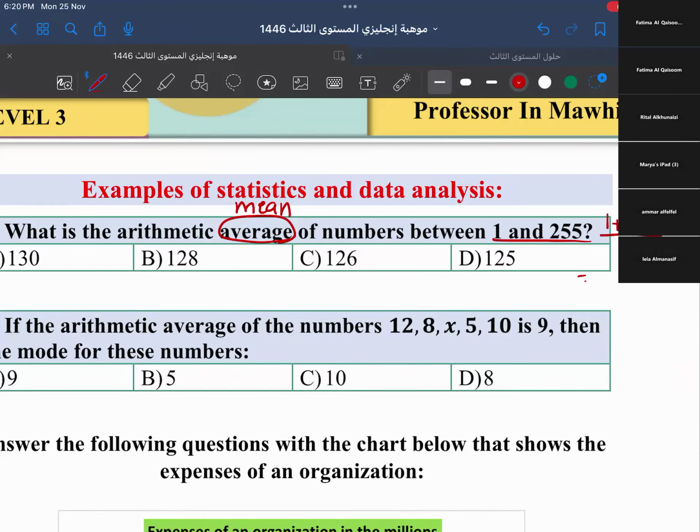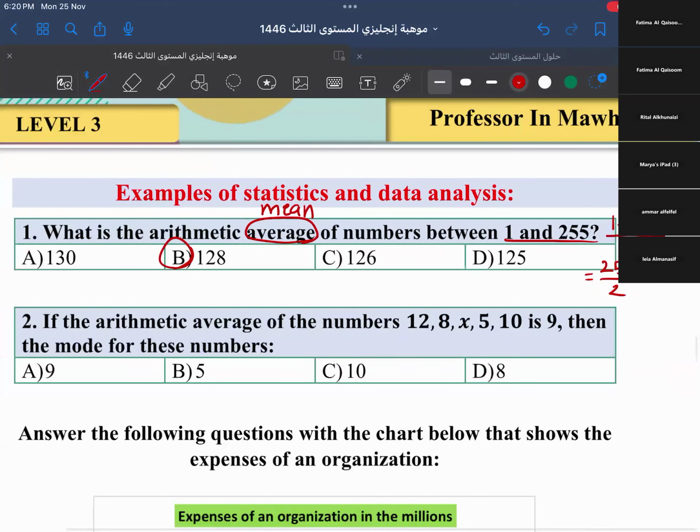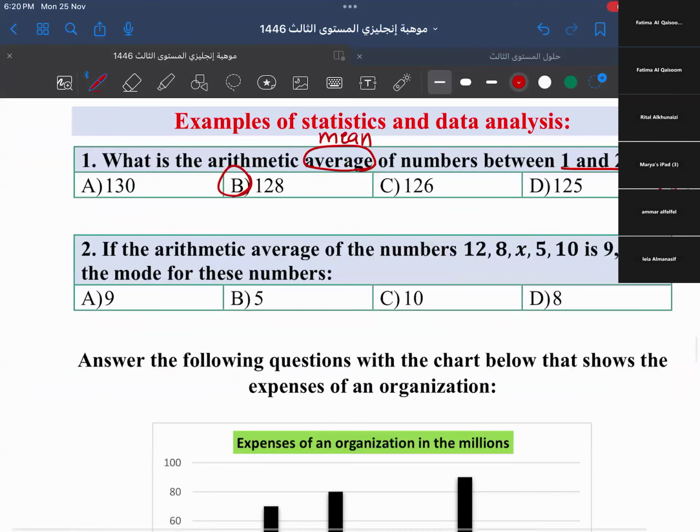So what is the answer going to be? 128. Exactly, it's going to be 128. The answer will be B. Excellent, Maria. Okay, let's go to the next question.